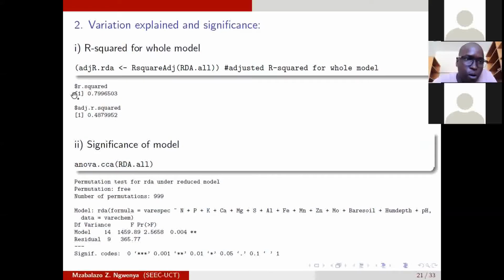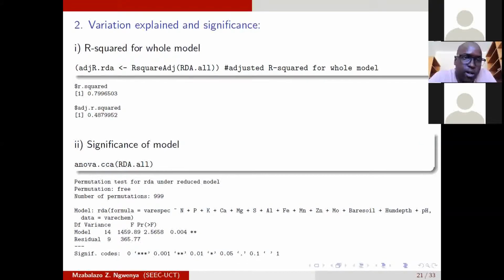So a more honest statistic, I would say, is the adjusted R squared, which controls for the number of variables in your regression. If you're using adjusted R squared, then you are able to compare regressions with different numbers of variables.